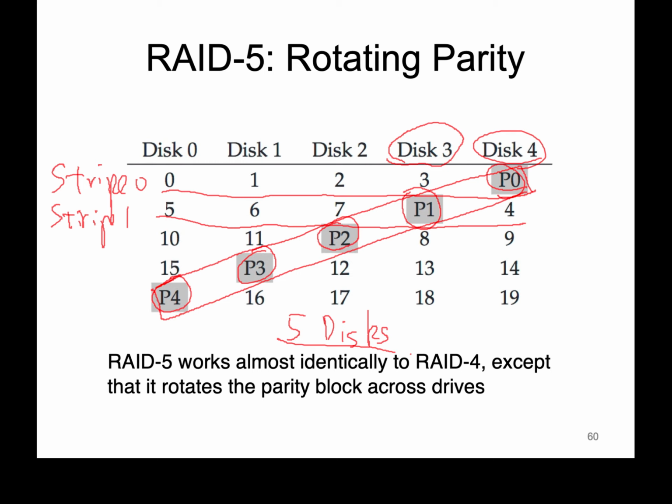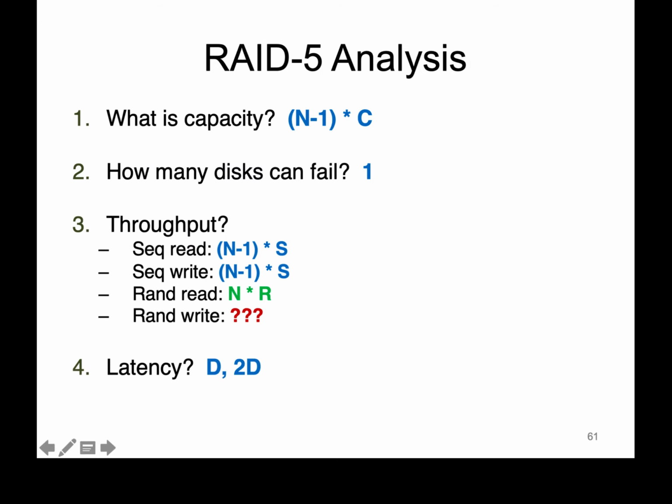So in theory, RAID 5 behaves almost exactly the same as RAID 4, except that it rotates the parity block across the drives, with slightly better improvement in terms of various different metrics, as shown in this next slide when we talk about the theoretical analysis of RAID 5.